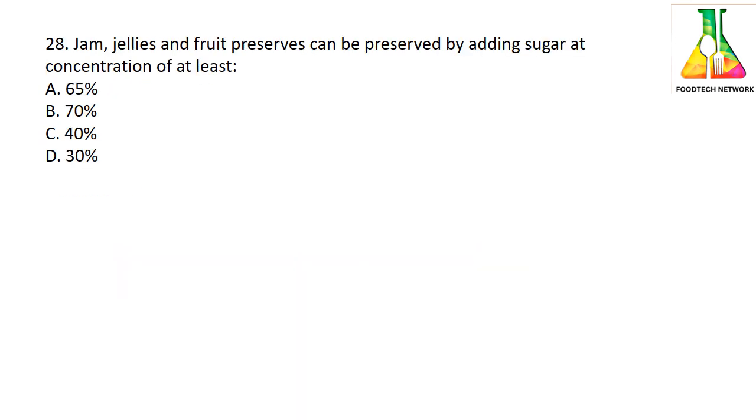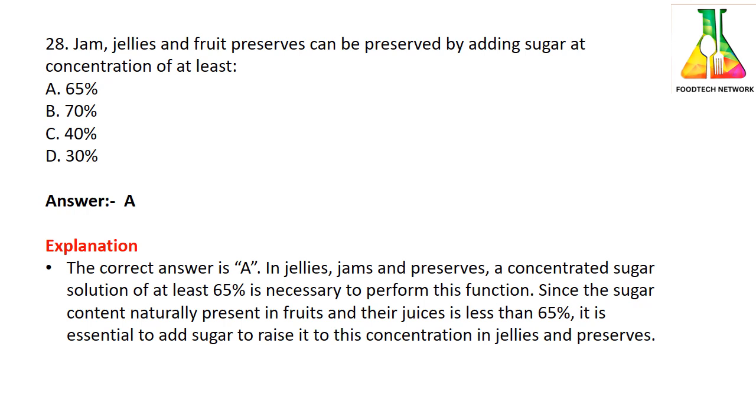Question 28. Jam, jellies and fruit preserves can be preserved by adding sugar at a concentration of at least option A, 65%, option B, 70%, option C, 40%, or option D, 30%. So the right answer is A, that is 65%.